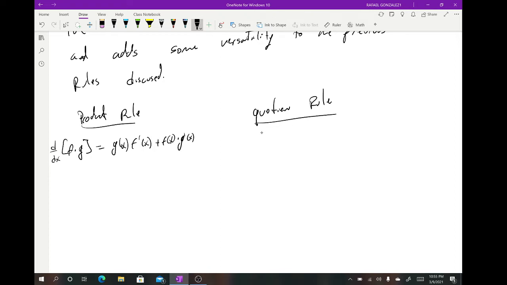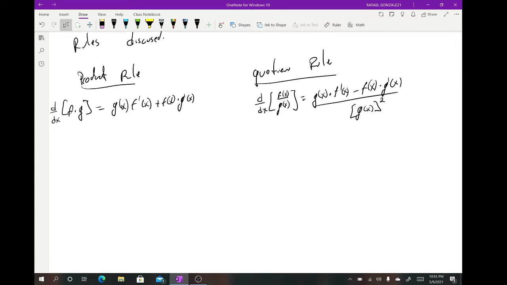And the quotient rule dealt with taking the derivative of a fraction like f of x over g of x, and that was equal to g of x times f prime of x minus f of x times g prime of x, divided by g of x squared.